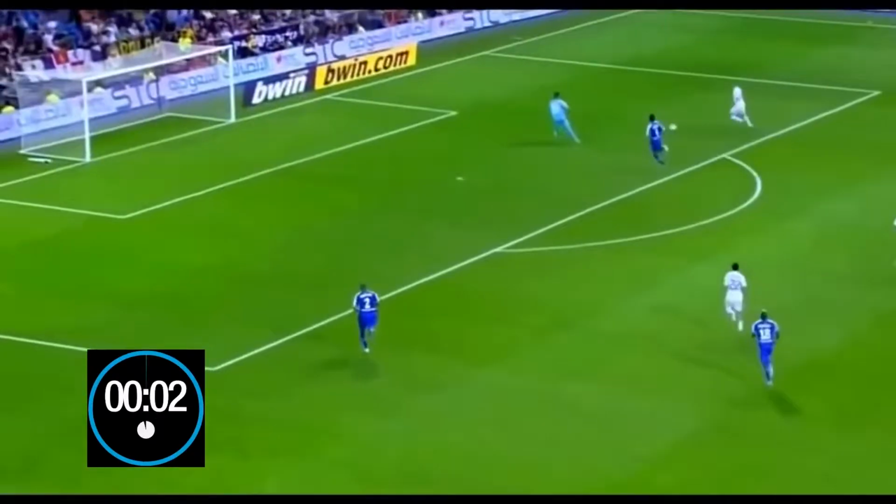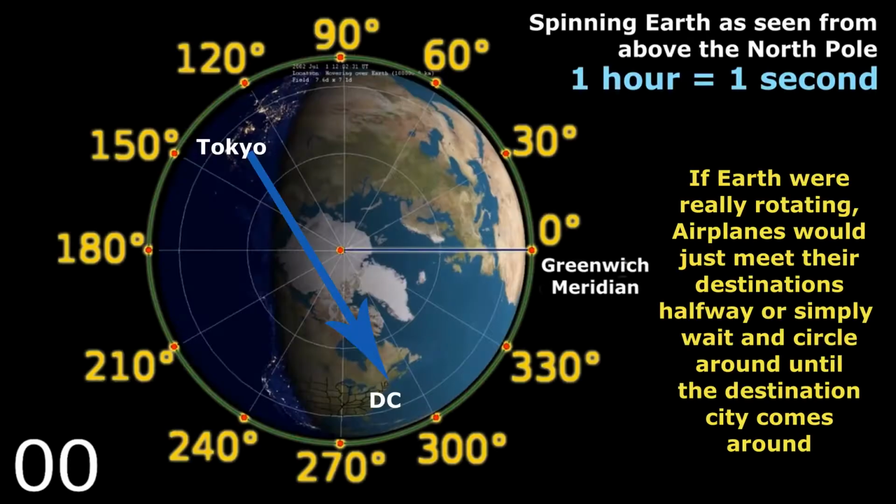So if airplanes were really rotating around the Earth, they should calculate their flights towards where the city will be, as for example this flight from Tokyo to Washington DC.